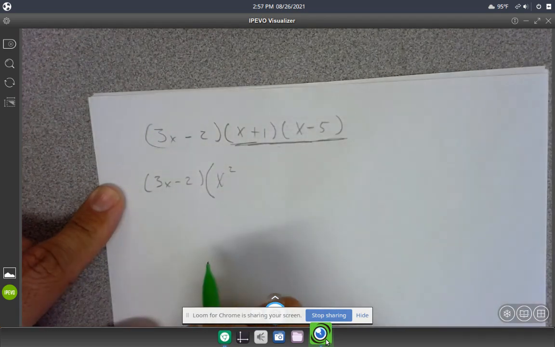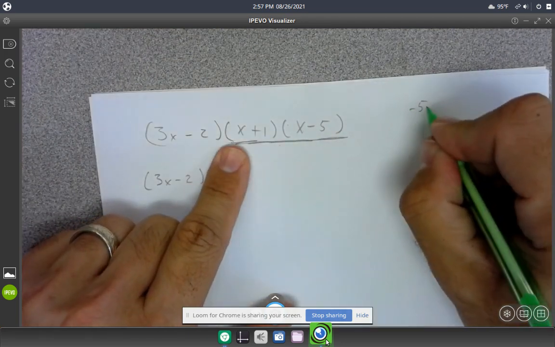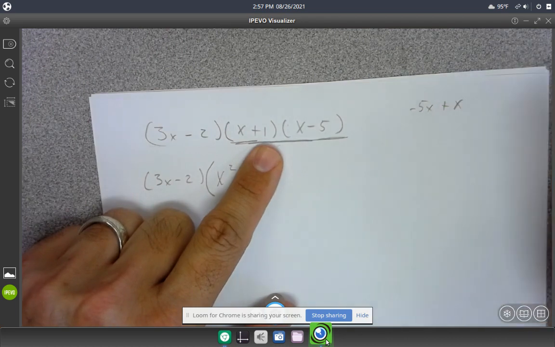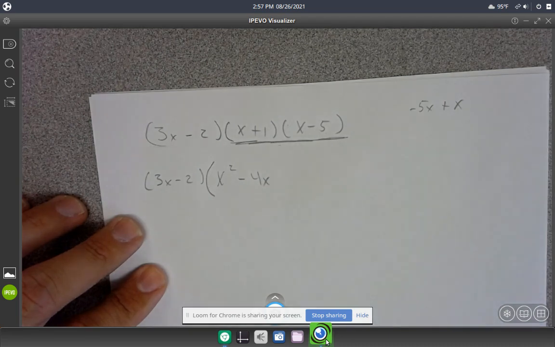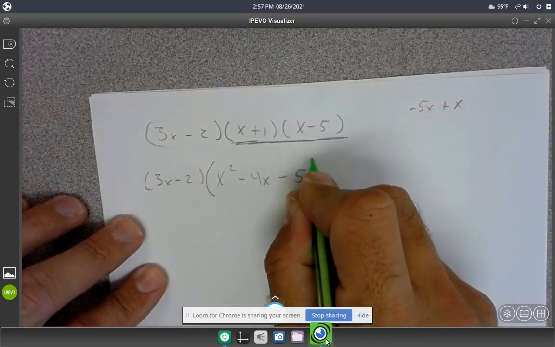So it's going to be x squared. This is going to give me a negative 5x, and then a positive 1x, which is a negative 4x. Right? And then positive 1 times negative 5 is a negative 5.